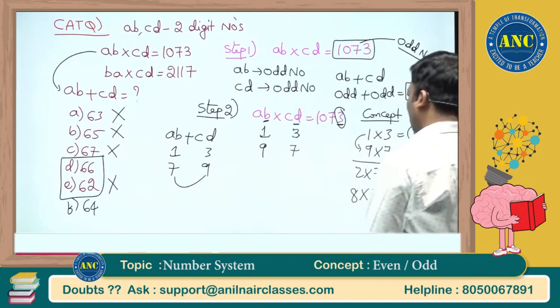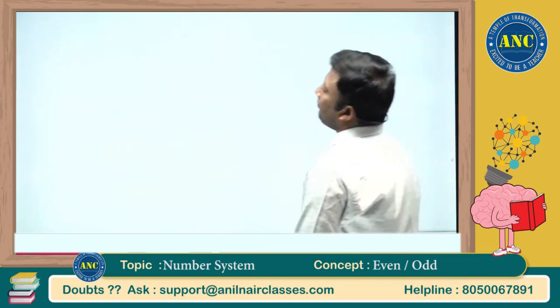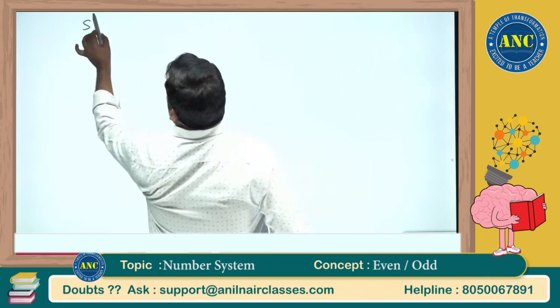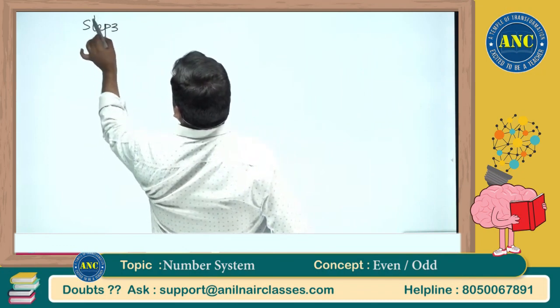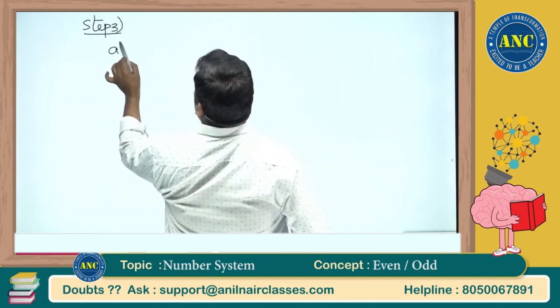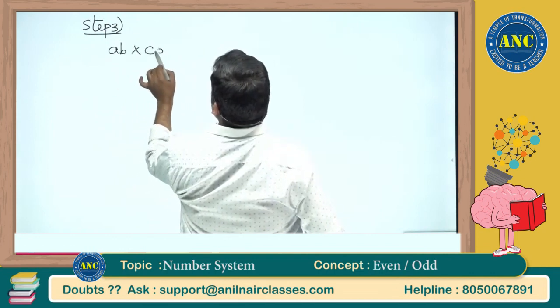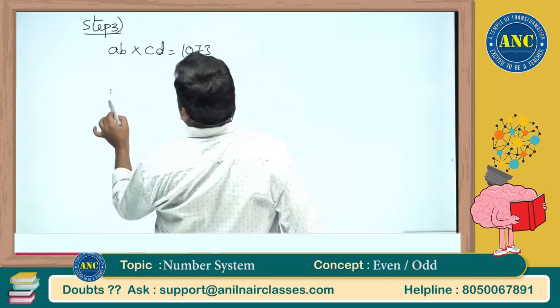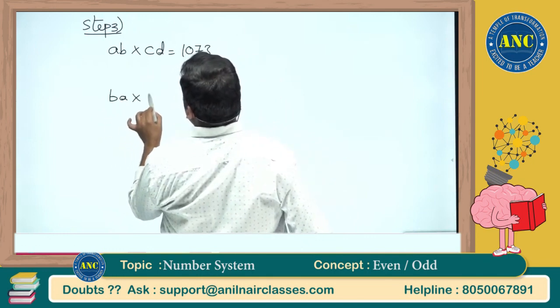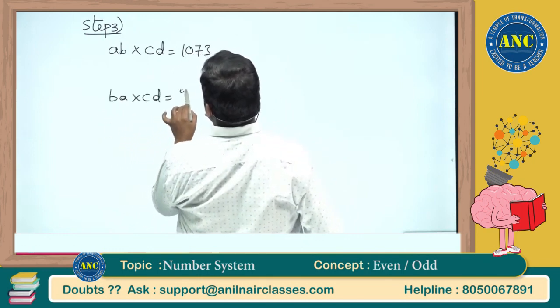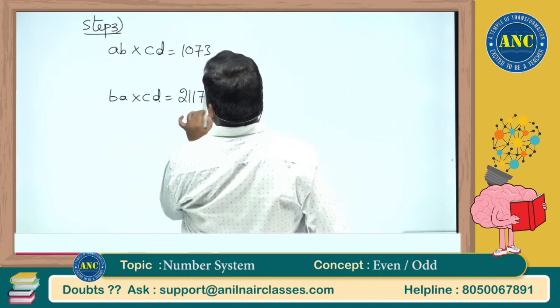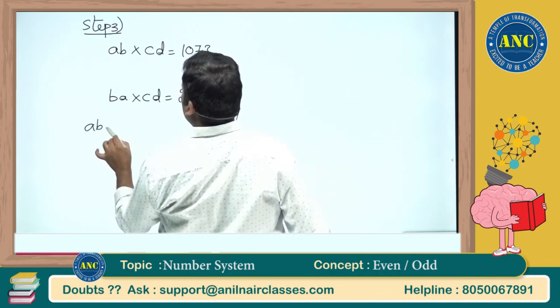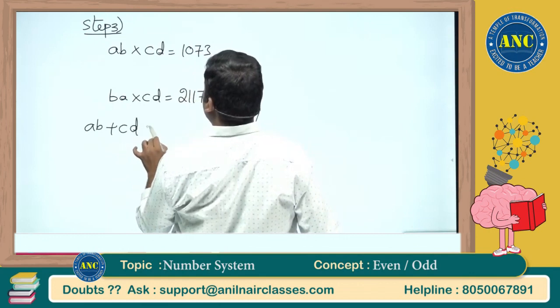Now let us get into step number 3. Very, very interesting step, sir. AB into CD is equivalent to 1073. BA into CD is equivalent to 2117. I want AB plus CD.